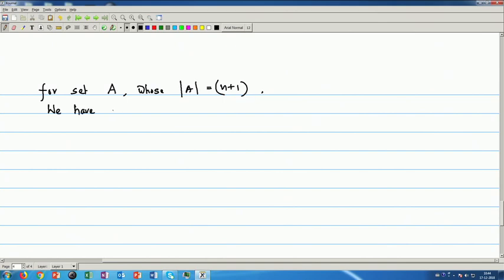The first category contains the element A in all the subsets.